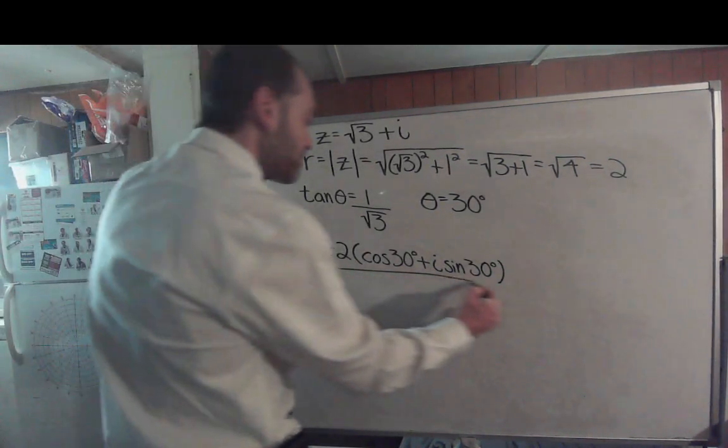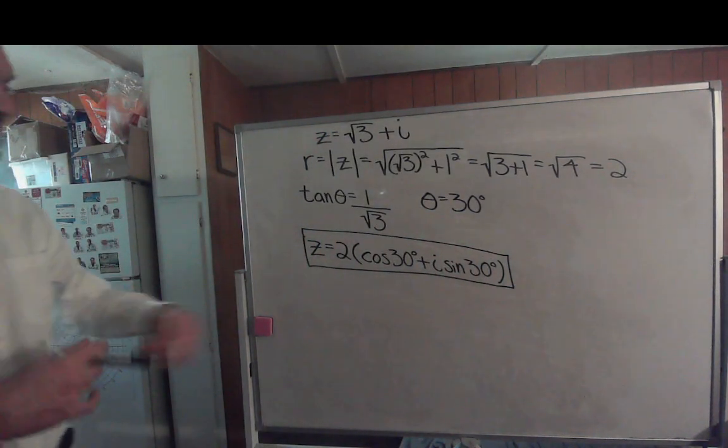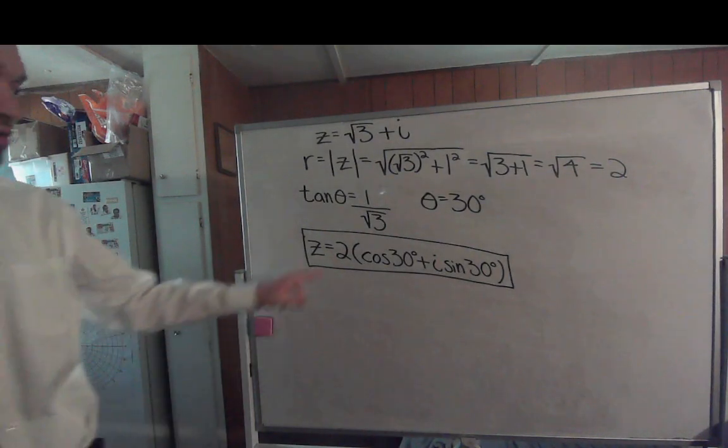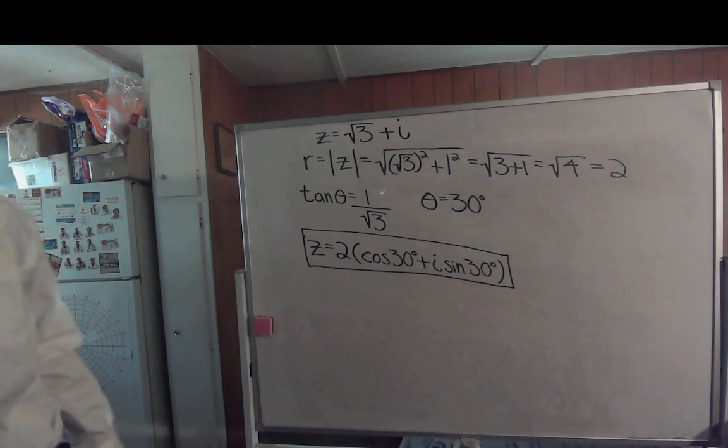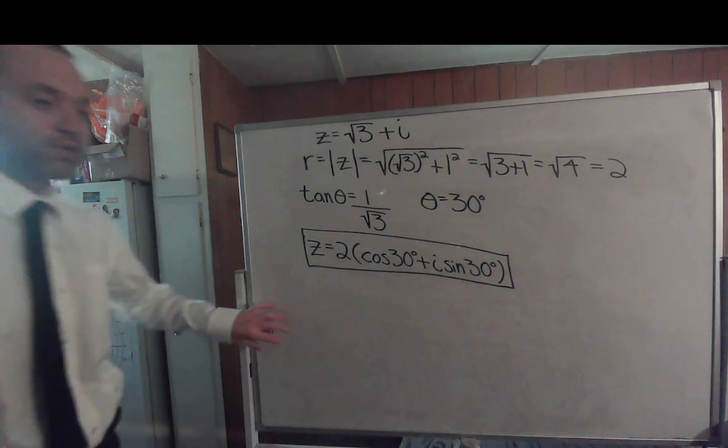So your complex number is going to be 2 times the quantity of the cosine of 30 degrees plus I times the sine of 30 degrees.